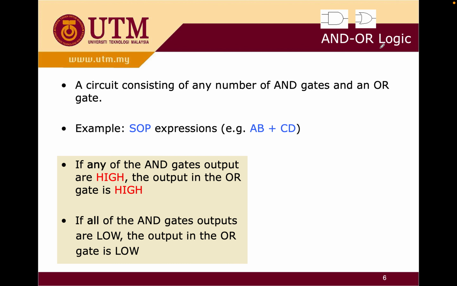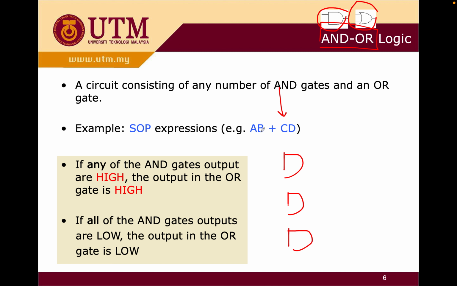Okay, let's go directly to what AND OR logic is. Of course, this is the symbol for the AND gate, and this is the symbol for the OR gate. When you have the combination of AND OR, you're going to have AND gates first. Maybe you have two AND gates or three AND gates.